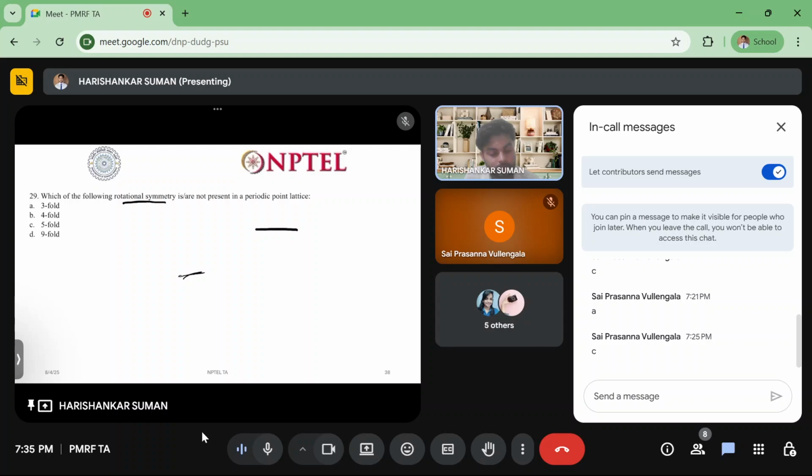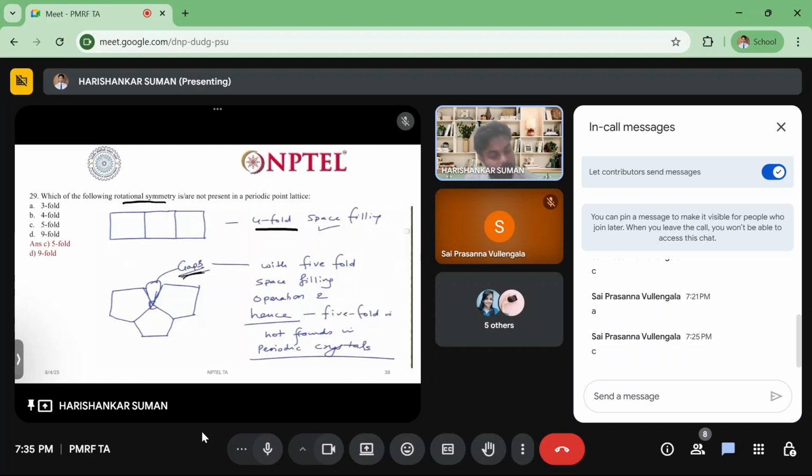Okay, next question. Which of the following rotational symmetries are not present in the periodic point lattice? 3, 4, 5, 9. Which one? So 5 and 9 cannot fill the full space.